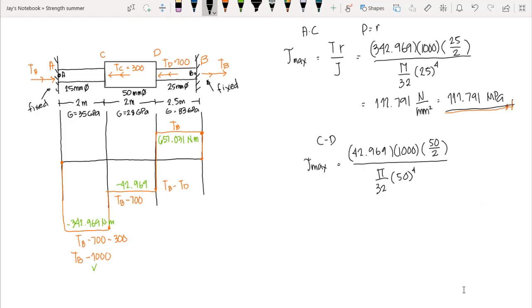And this gives us 1.75, that is megapascal. So this one is the maximum torsional shear stress in between C and D.